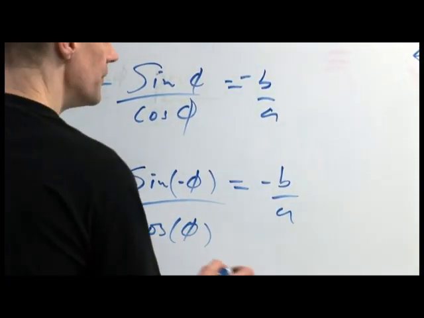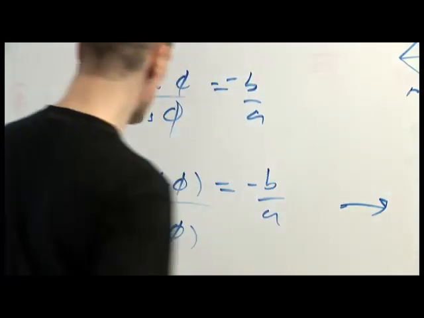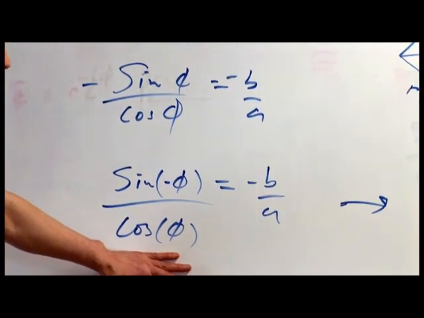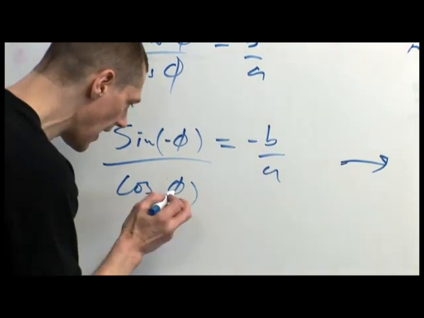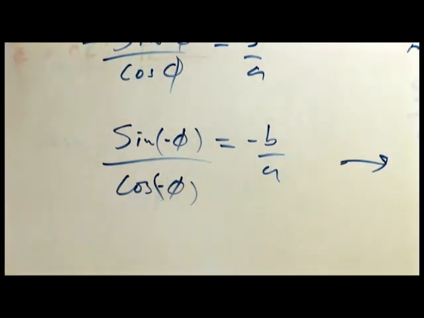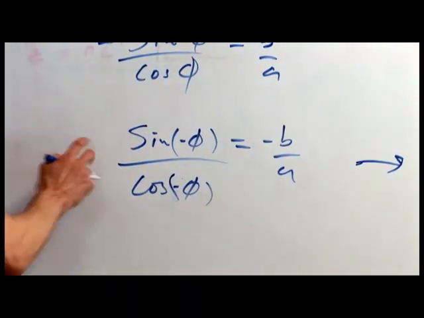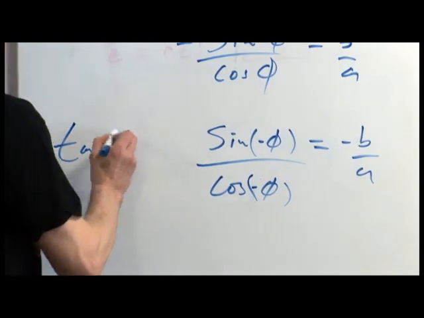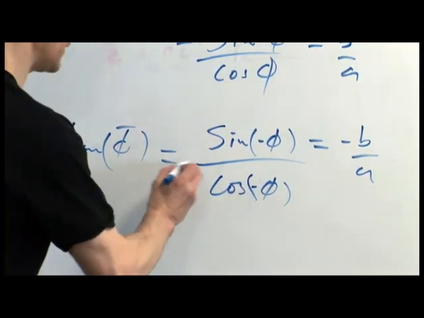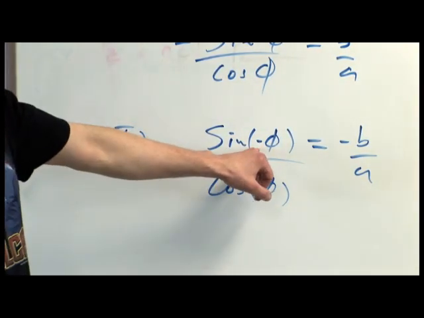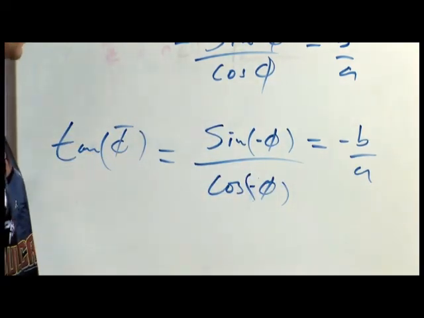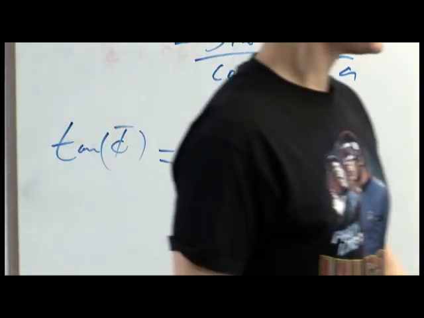Remember that cosine of negative theta is the same as cosine of theta. So this is the same as the cosine of negative theta. This is the tangent of theta bar, and this then is equal to minus b over a, which is sine of negative theta over cosine of negative theta.